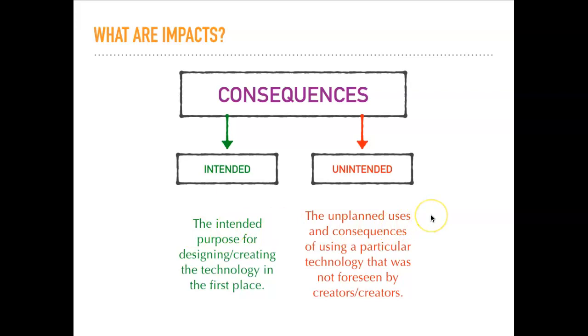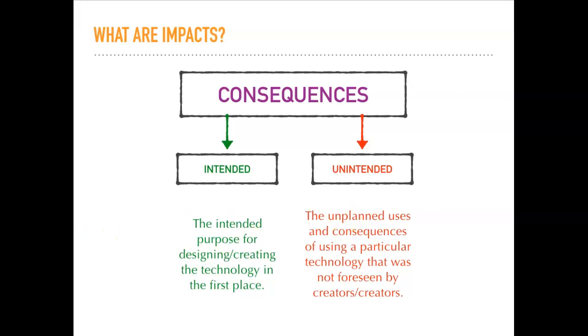There are, of course, unintended consequences, and these are things that are unplanned uses and consequences that were not foreseen by the creators of that technology. So it gets a bit more rich once you start considering which things were intended and which consequences were not intended, I should say, to be precise here.